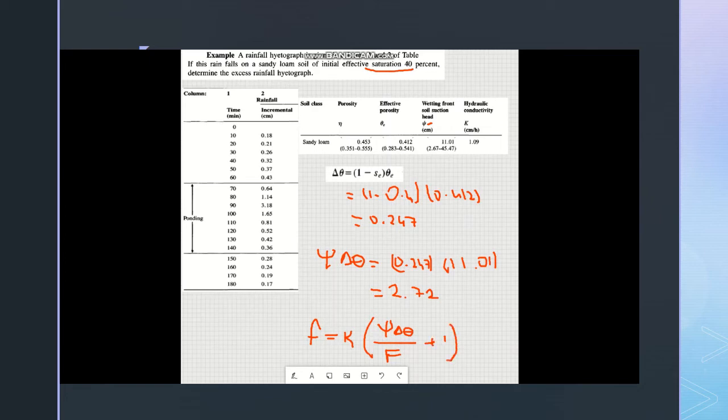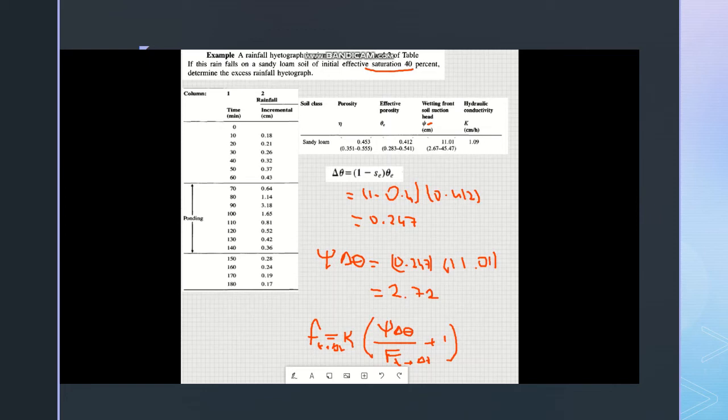So if this is T, the cumulative infiltration is F at T. If it is T plus delta T, the incremental, we write here the cumulative infiltration at T plus delta T. We need to substitute here, and then we will find our rate.